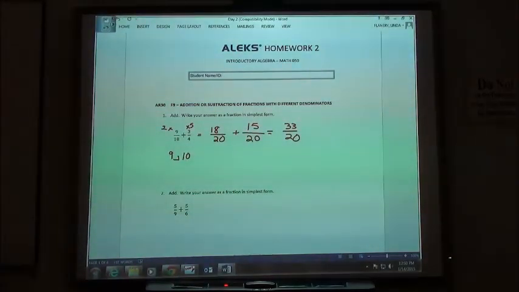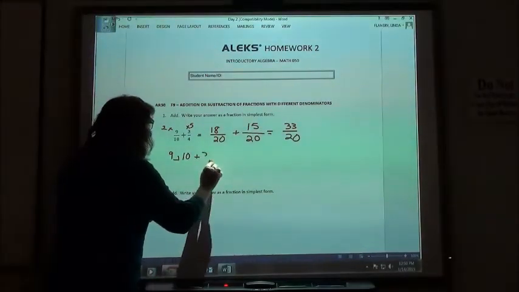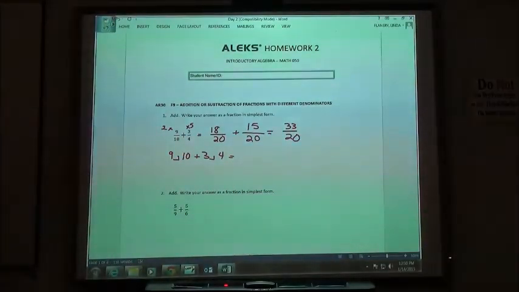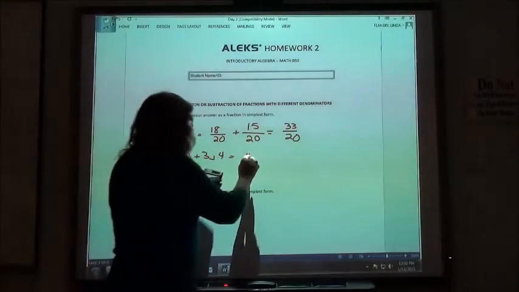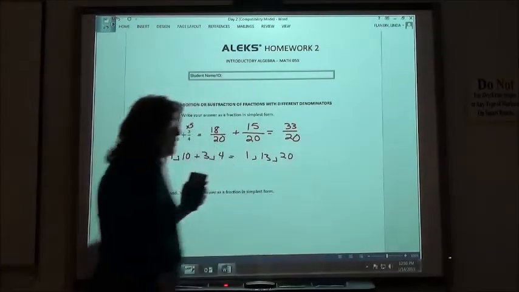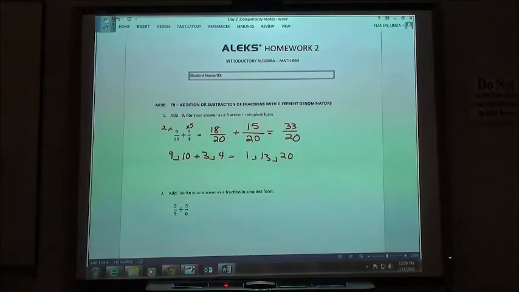I'm going to do 9/10 plus 3/4, so plus 3 fraction 4. When you hit equals on your calculator, it's going to show you this. 1 and 13/20. Everybody getting that?